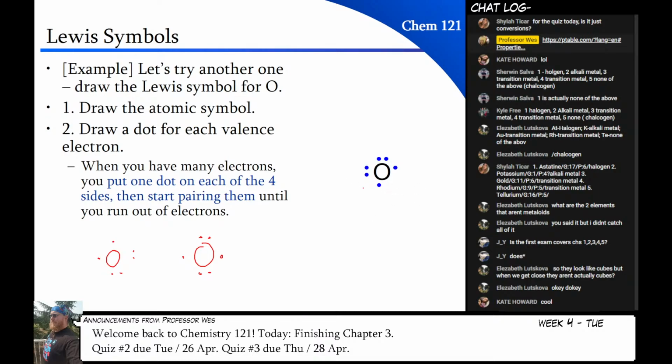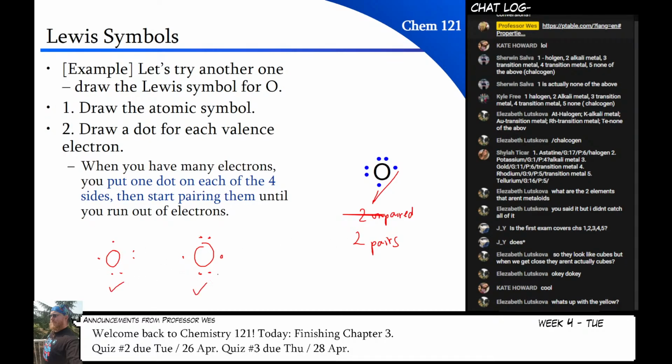All that matters is that for 6, you have 2 unpaired and then 2 pairs. So these are both okay. What would not be okay would be to draw this. So this one is not okay.